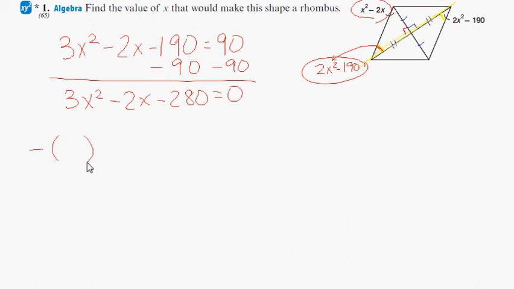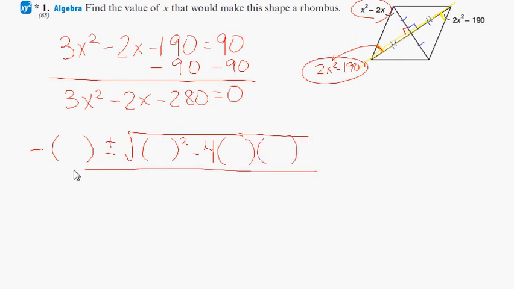It's negative b plus or minus the square root of b squared minus 4ac, all over 2a. I love my empty sets of parentheses because it helps so much with keeping everything straight. So obviously the 3 is going to be the a, the negative 2 is going to be the b, and the negative 280 is going to be the c.